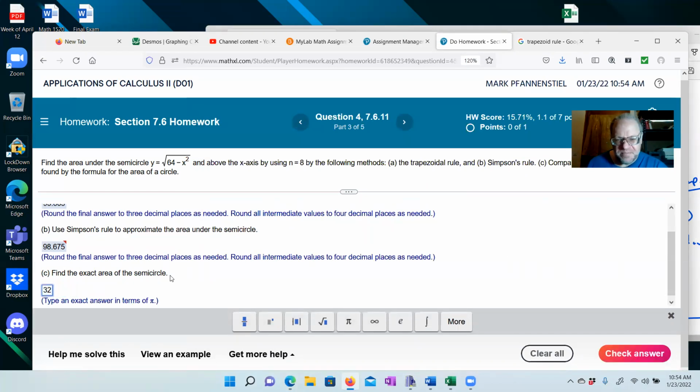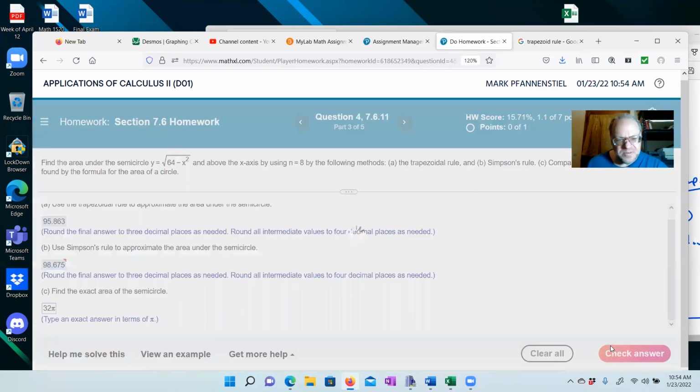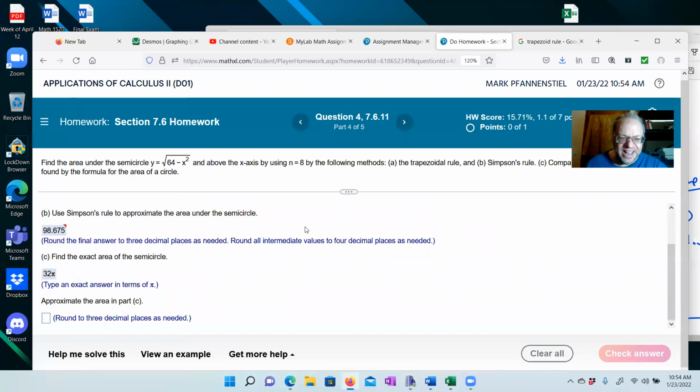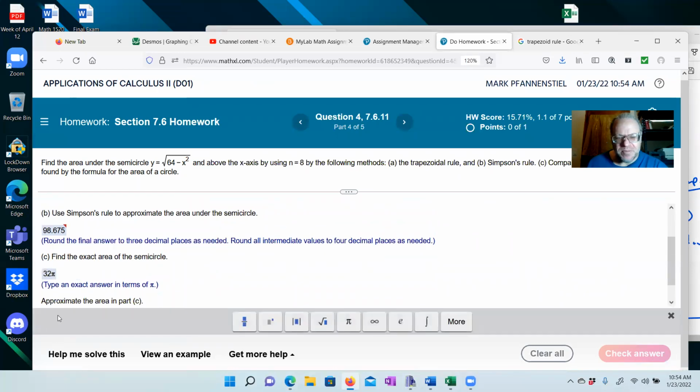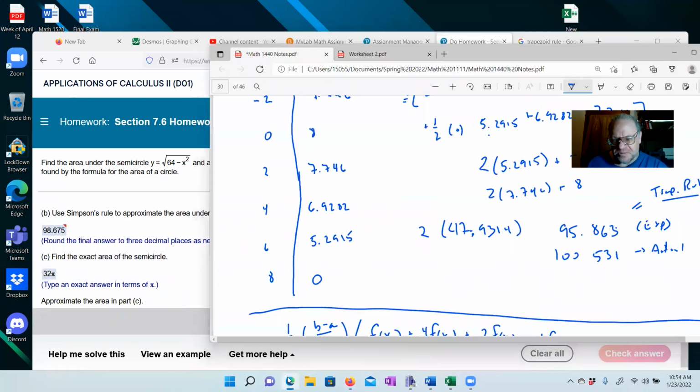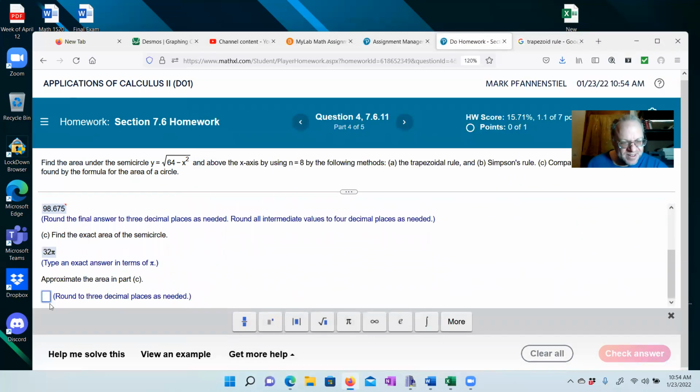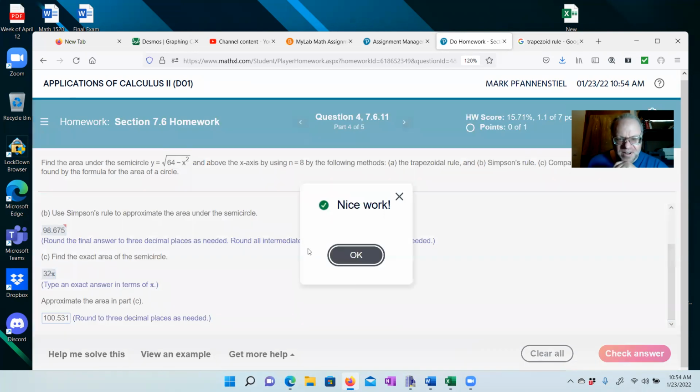It was 32 pi. Read the instructions first. Okay, round to 3 decimal places. What are you doing? Okay, 100.531. All right, very nice.